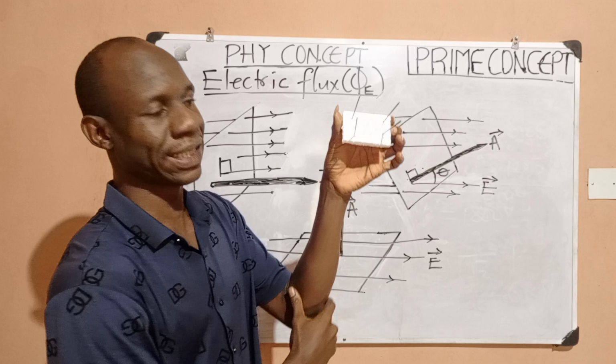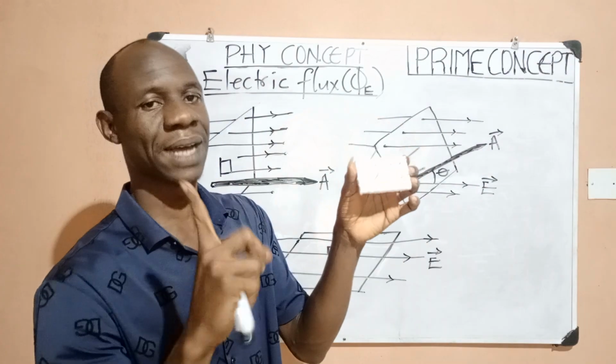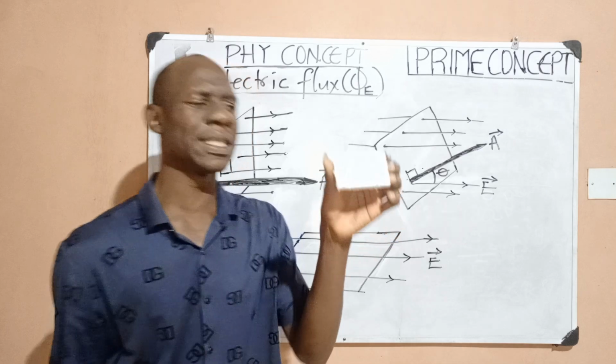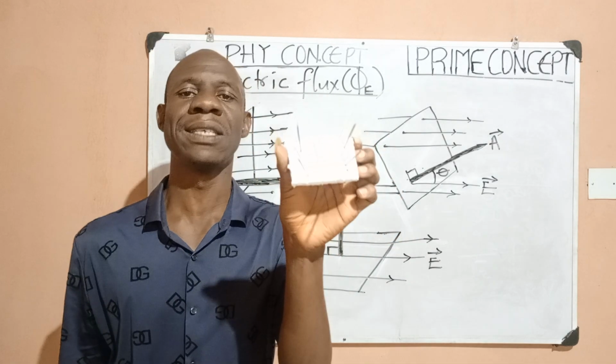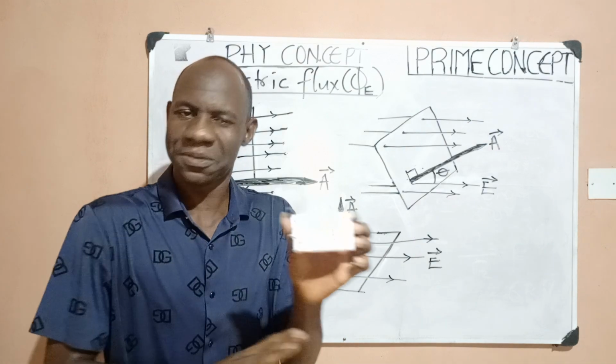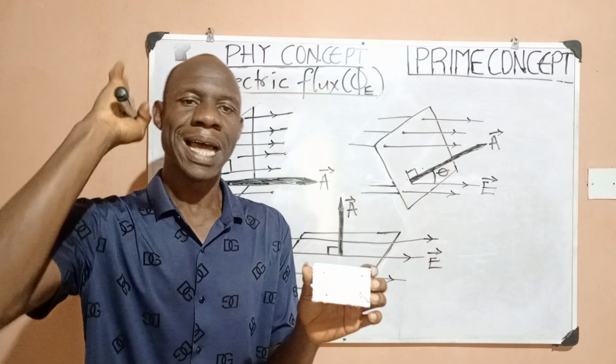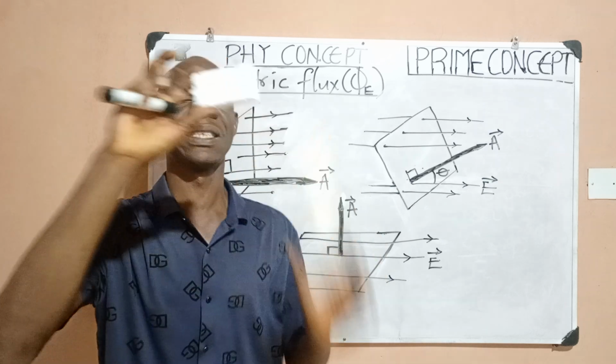Now, this white thing is my surface. So this whole system you can see here is what we call electric flux. That is very simple, so don't try to complicate this issue.